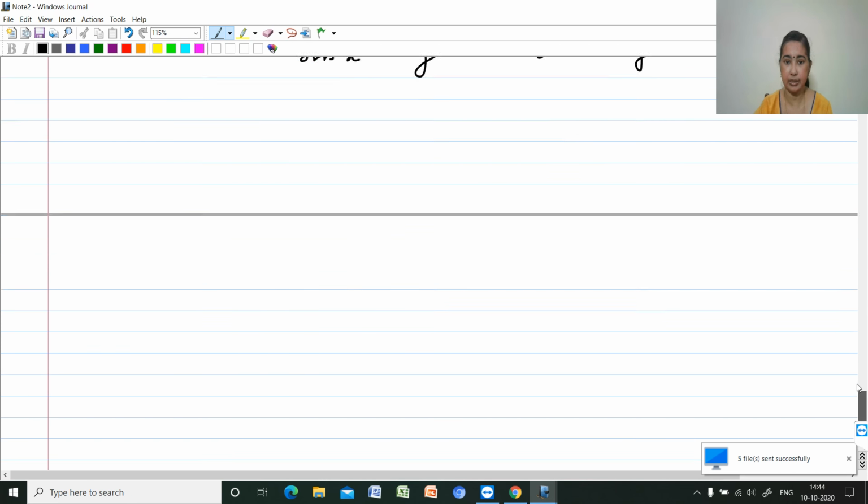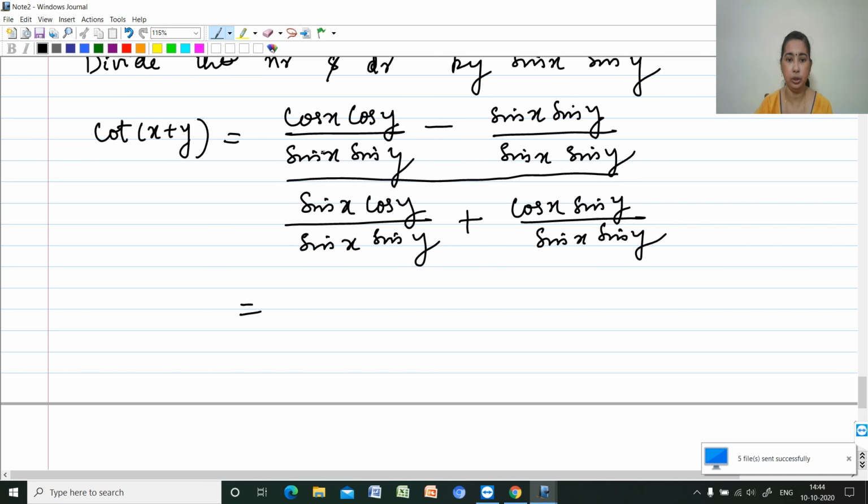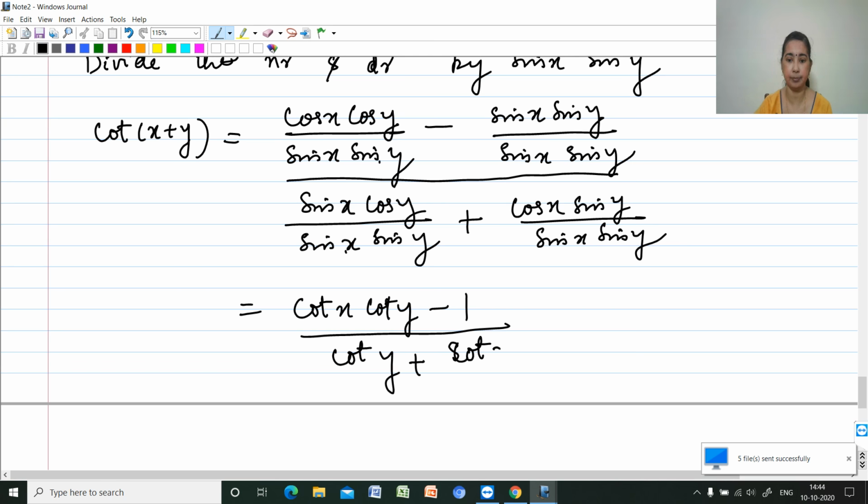So the answer is cot x cot y minus 1, divided by, here sin x gets cancelled, remaining cot y, plus sin y gets cancelled, remaining cot x. So what is the identity for cot of x plus y? Cot of x plus y is equal to cot x cot y minus 1 divided by cot y plus cot x.